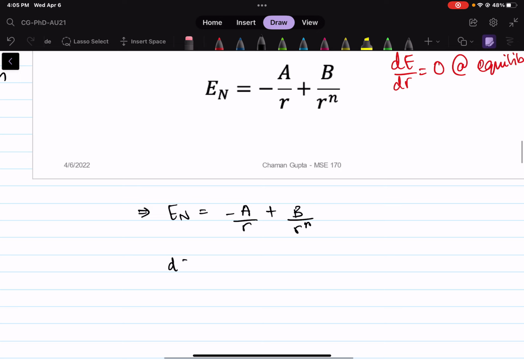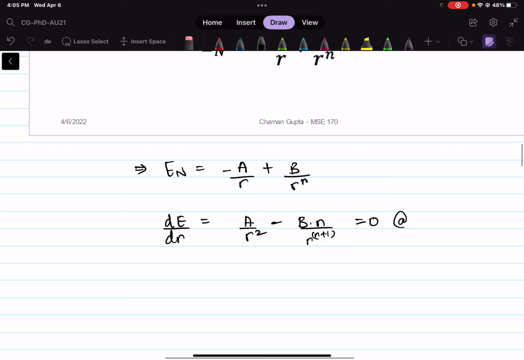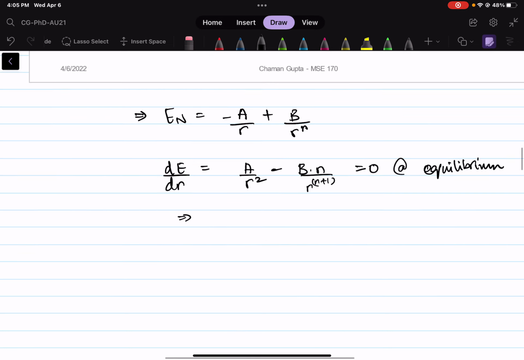So let's keep the constants in their constant form and do the differentiation of this. This will become A over R square minus B times N times R to the power N plus 1. Right? And then we need to have this equal to 0, because this is equal to 0 at equilibrium, because the net force is equal to 0. And if you make this 0, your R will be equal to R naught.